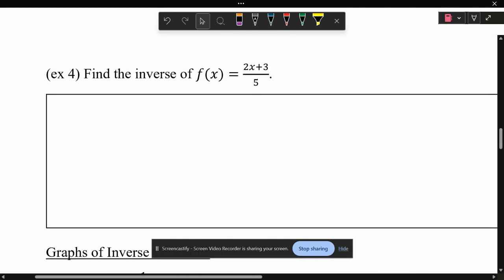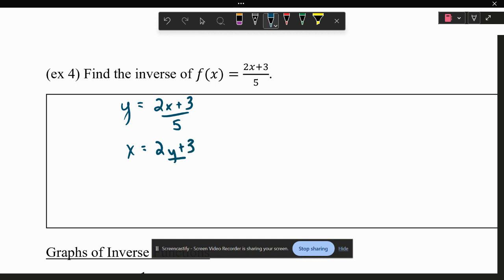Try this one on your own, pause the video, and then see how you do. Hopefully you paused the video. First thing you want to do is replace that f of x with a y. And then you want to switch your x and y values. From here, you want to just solve for y.